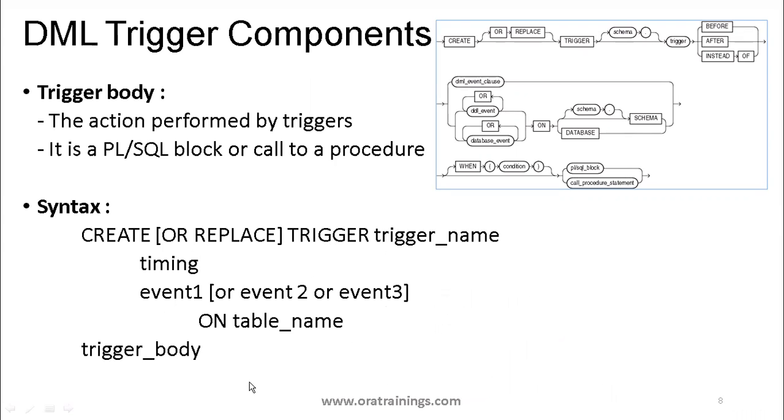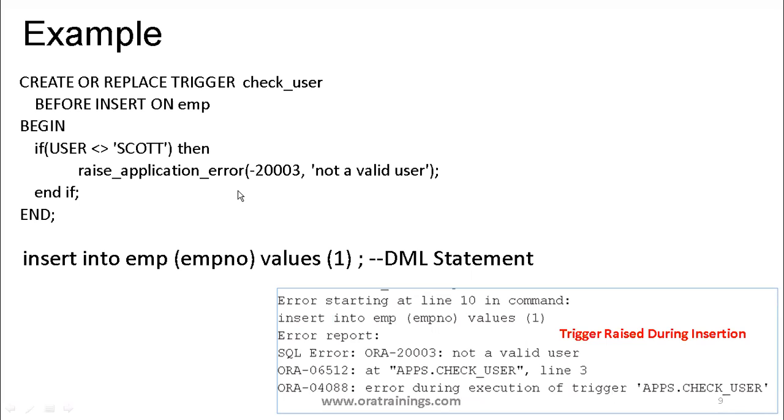In this example, let us say I have a table called EMP. Whenever you try to insert a record into EMP, if the database user executing the insertion is not Scott, then raise a custom application error saying not a valid user. You just want to consider this logic.